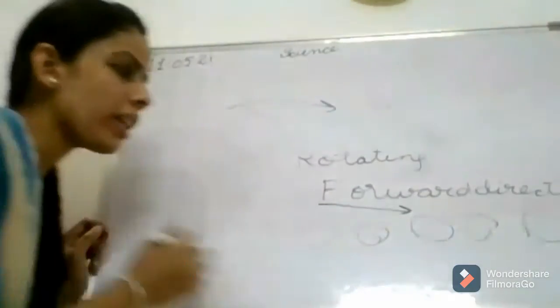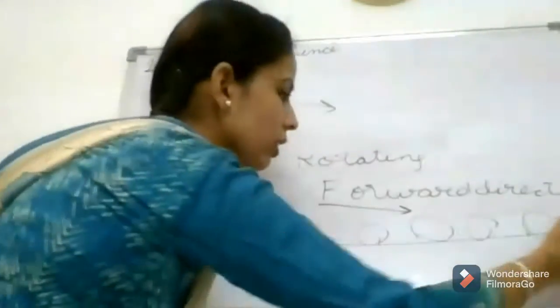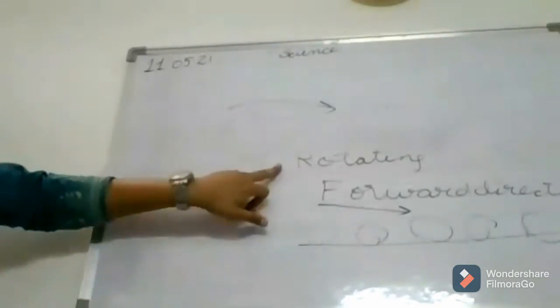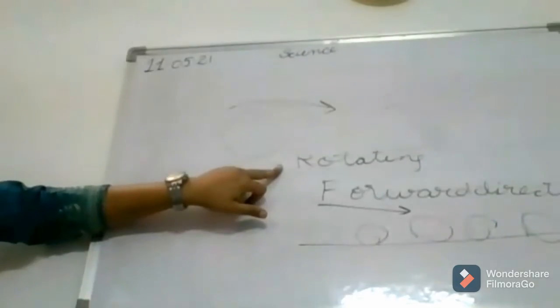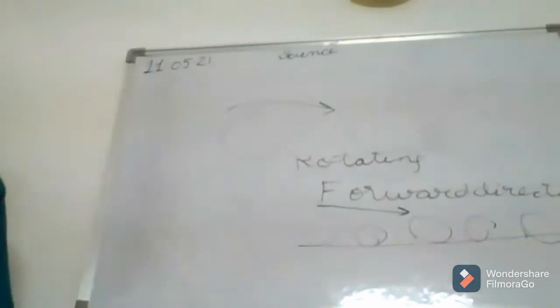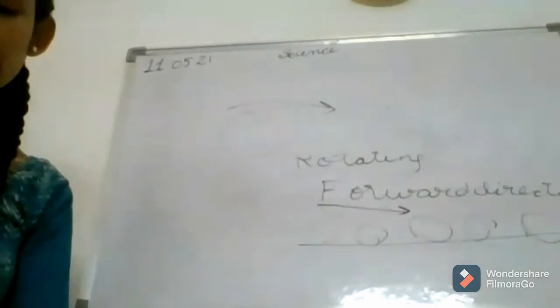Moving in forward direction, it is following this type of path, that is a rectilinear path. Clear? And it is also rotating, so there is also rotational motion. So it is an example of a combination of different types of motion.